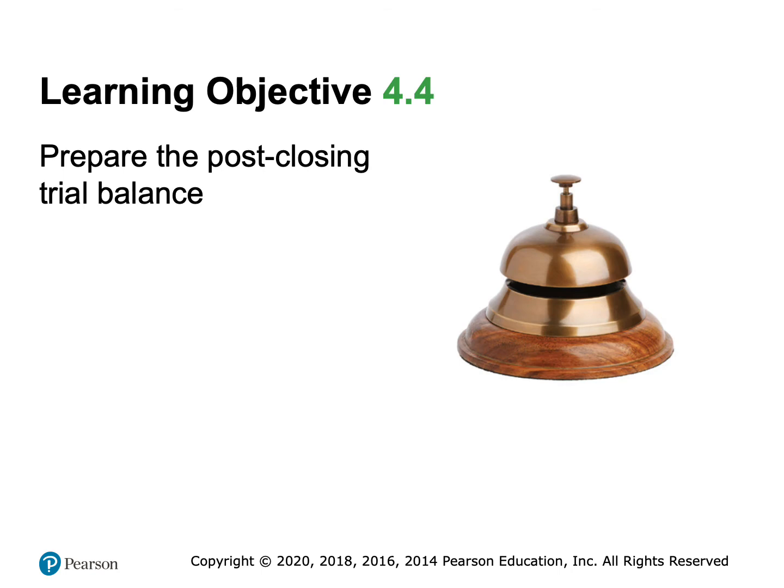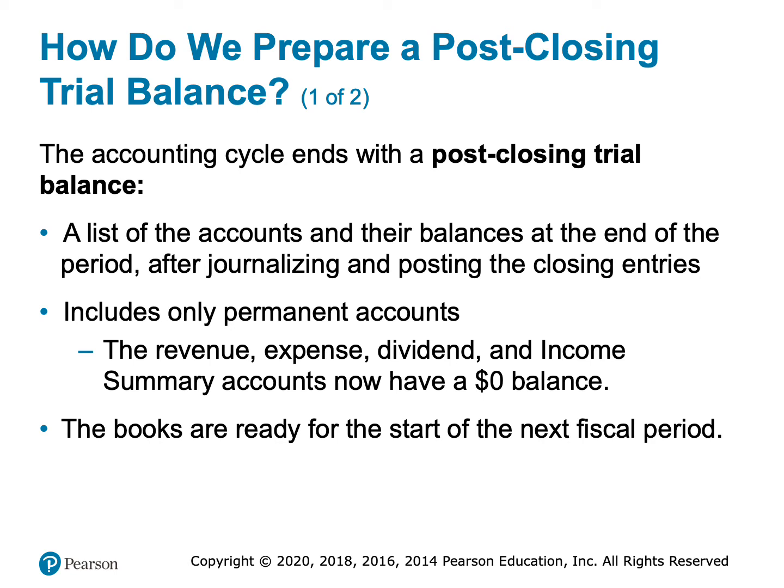So the last step, the very last thing we have to do before you can go home, is what's called the post-closing trial balance. Just like the other two trial balances we've done, the post-closing trial balance is just a list of all accounts and their balances at that point in time. However, just like before, we don't include accounts that have a zero balance.